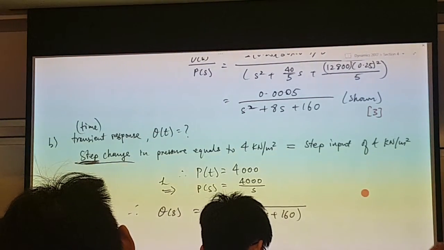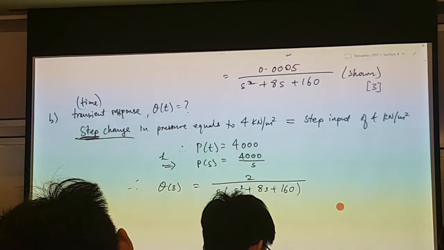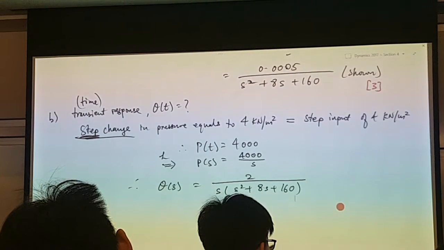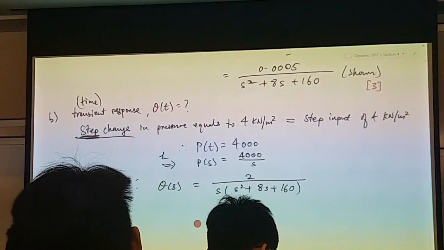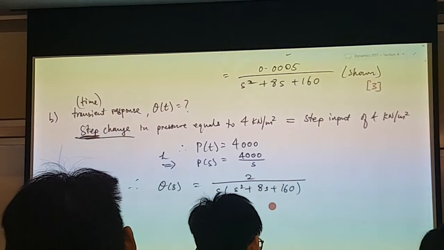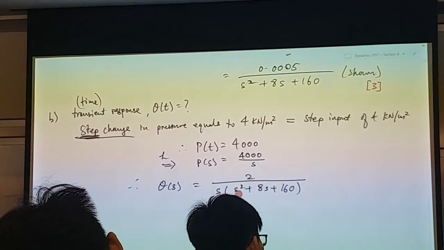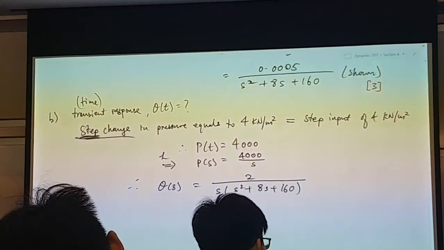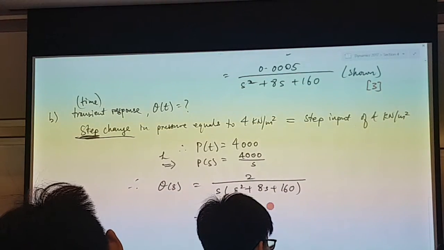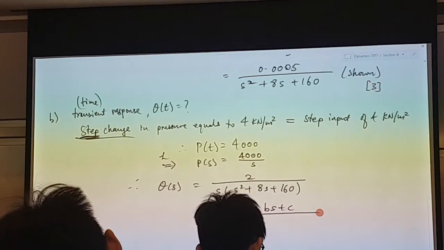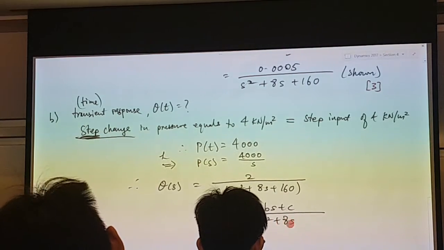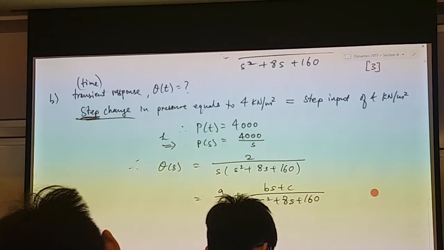So I'm going to solve it using Laplace transformation. So again, like I said, you can use other techniques as well. So in order to solve this, because of the denominator that's in this form, we'll form the partial fraction that way. Okay, that's a partial fraction.